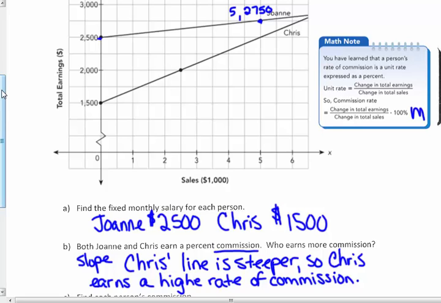So I'm going to use these 2 points for Joanne and these 2 points for Chris. And this is 2.5. Or I could use 5 as well. No, I'll use this one.